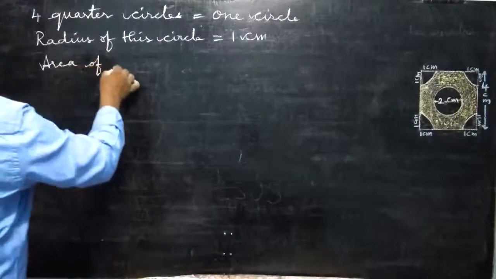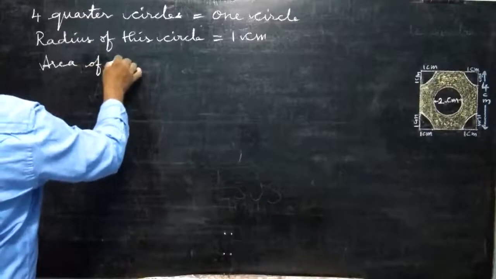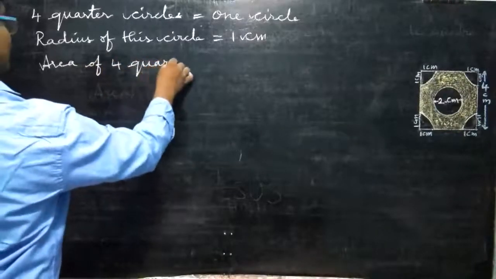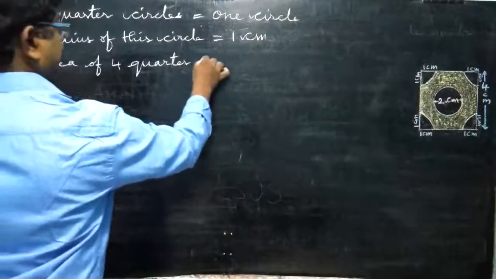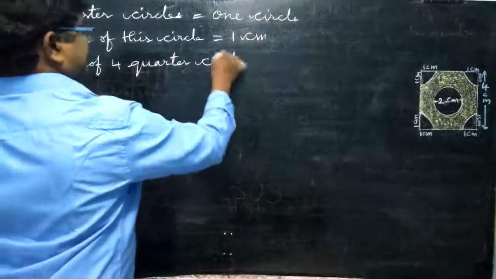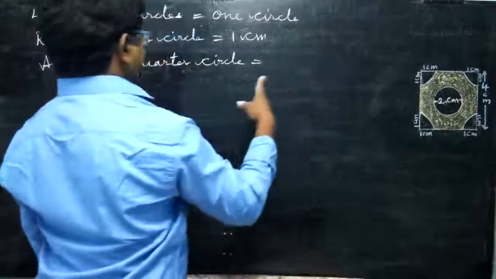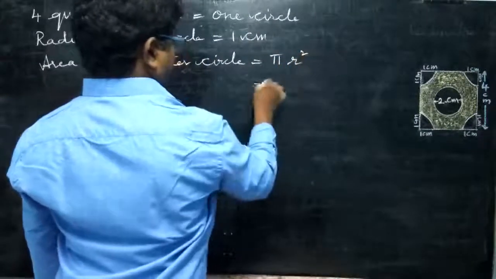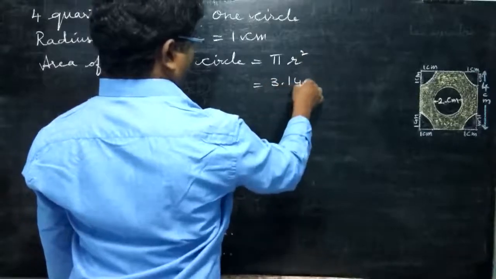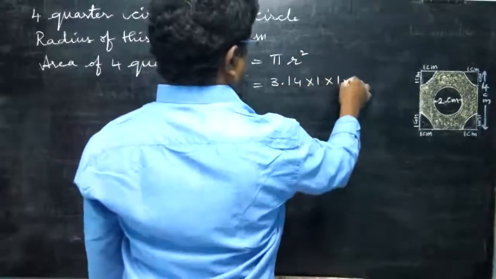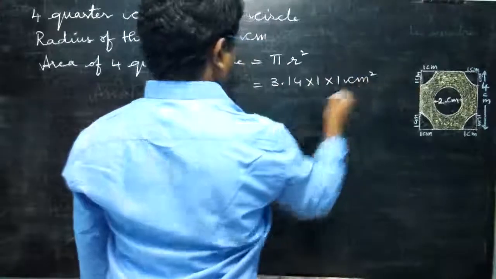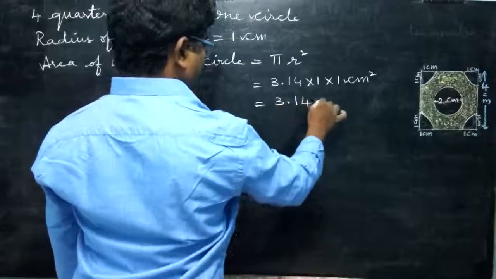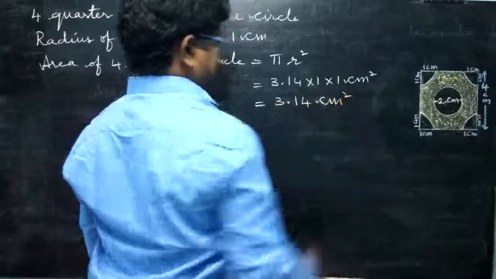Area of four quarter circles: four quarter circles is one circle, so pi r squared is 3.14 into 1 into 1 square centimeter, that is 3.14 square centimeters.